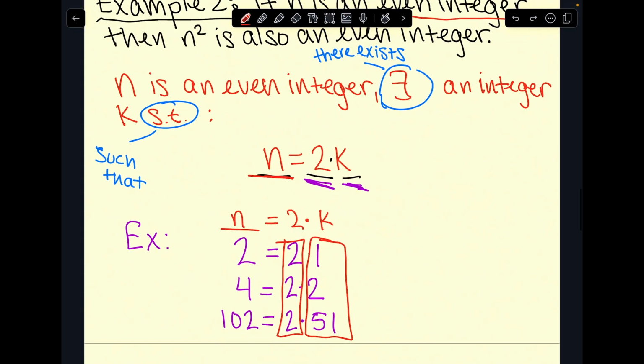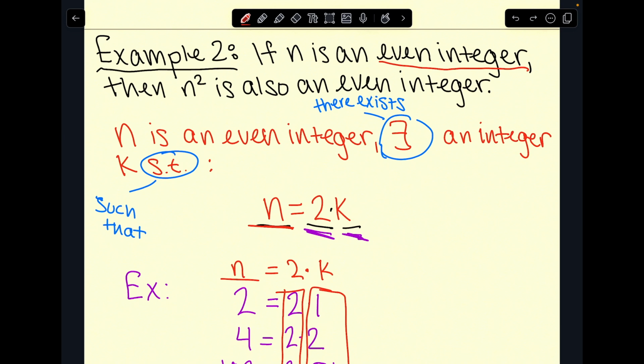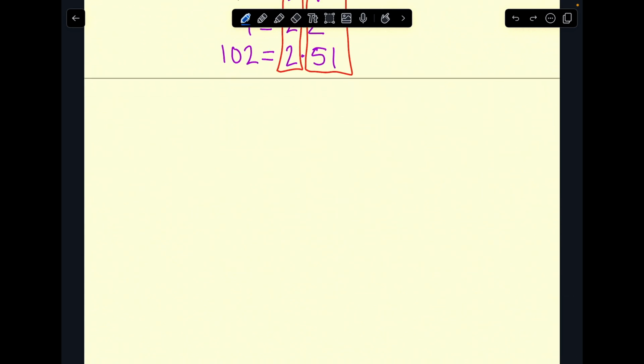So now that we're familiar with the definition of an even integer, we can take this information and prove n squared is also an even integer. Let's start the proof.